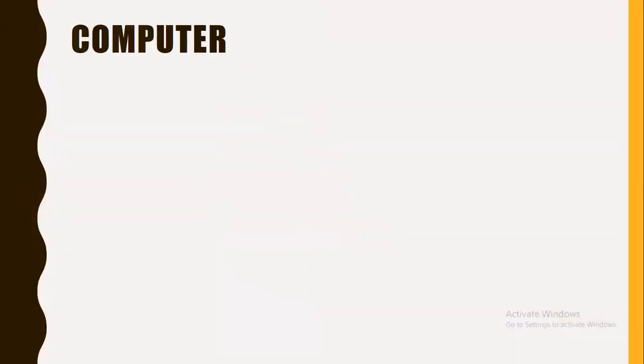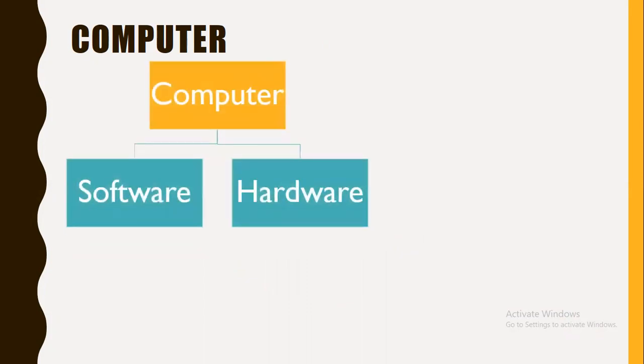First of all, here we need to understand the concept of a computer, that what is a computer. Computer is an electronic machine which is used to make our tasks easier and more efficient. By using a computer, we can save a lot of time and energy.